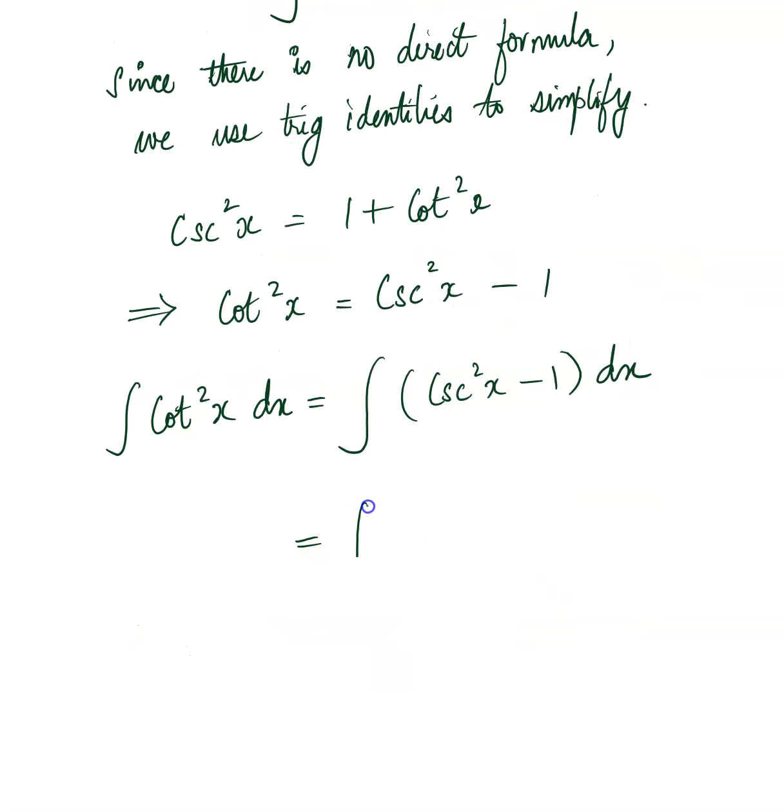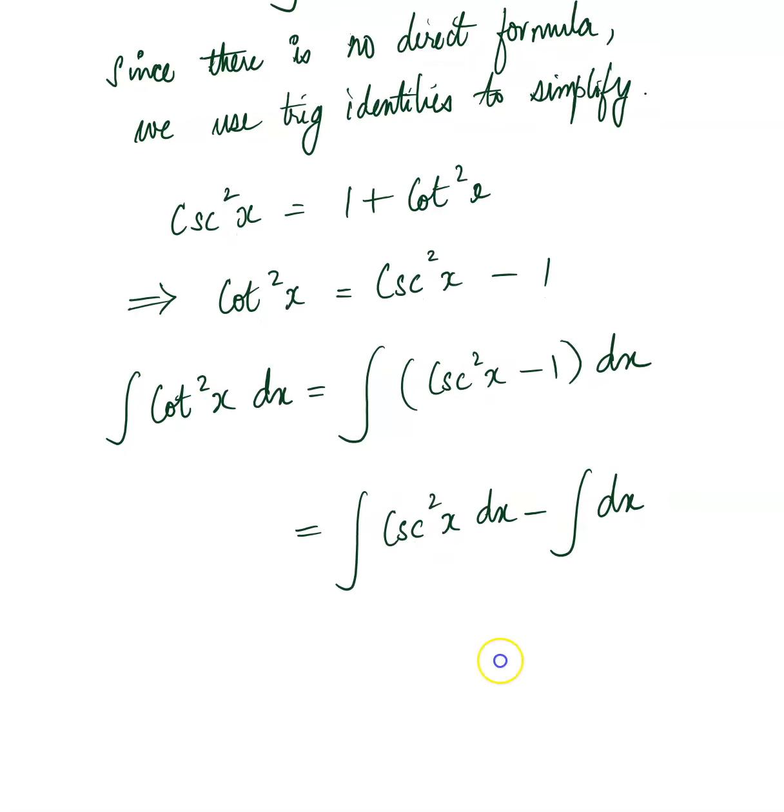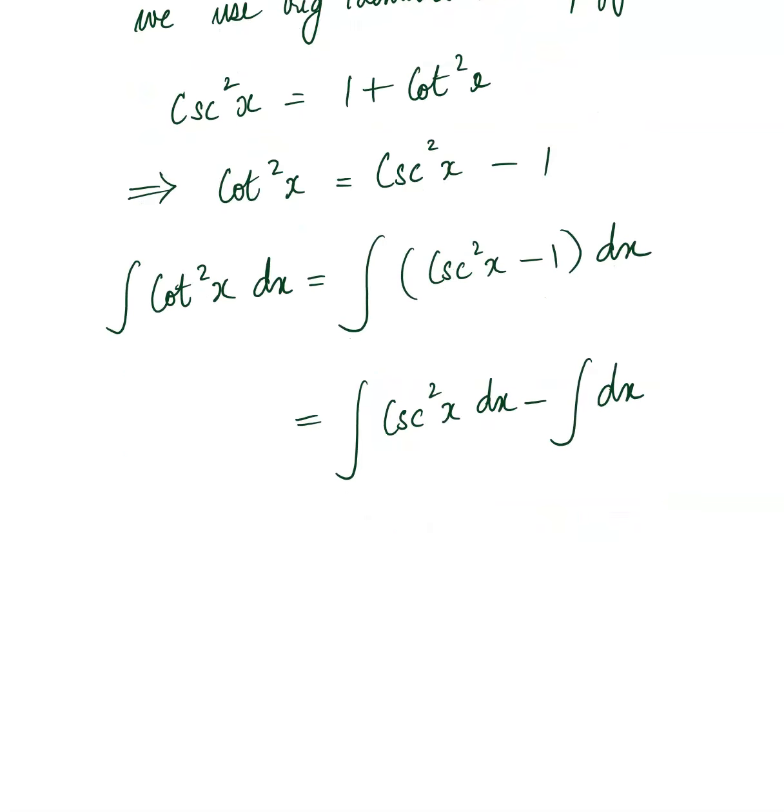And then it's a breeze, because you have to separate them into two individual integrals, and we know that integral of cosecant squared x, or in other words, the antiderivative of cosecant squared x, is available to us.